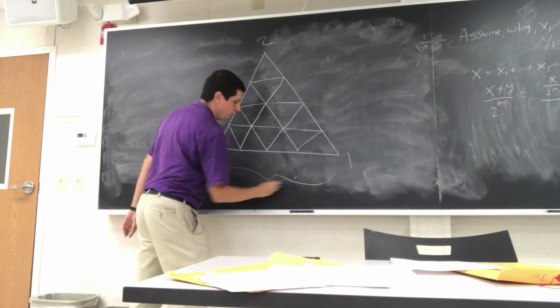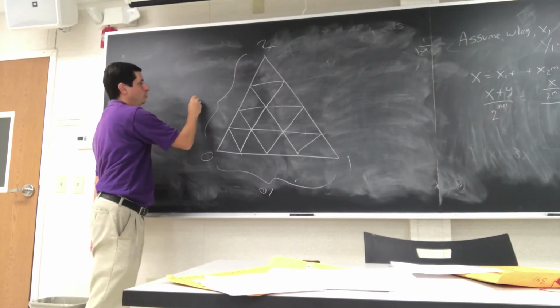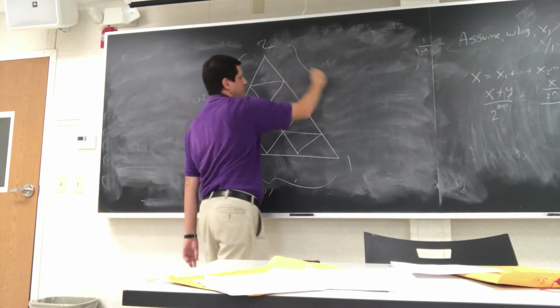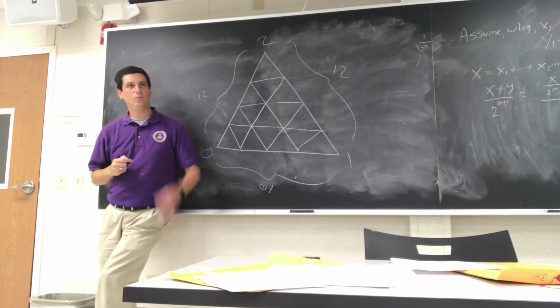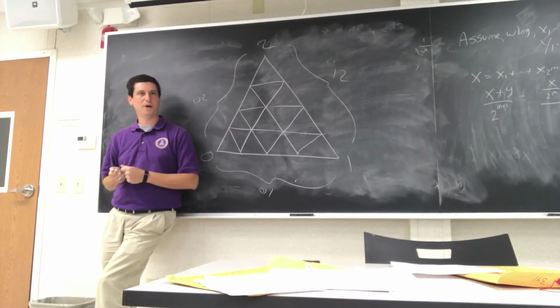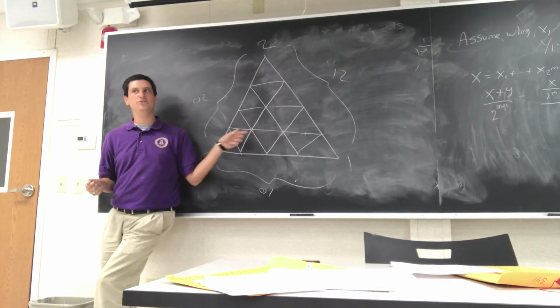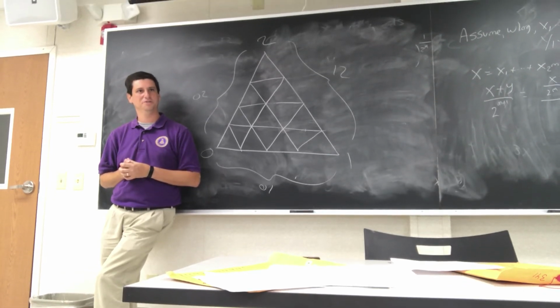On this side, you can only use 0s and 1s. On this side, you can only use 0s and 2s, and on this side, you can only use 1s and 2s. And we're going to take turns, and we're going to put down numbers. My goal is to have at least one internal triangle have all 3 labels. Your goal is to make sure I can't do that. If you can prevent me from doing that, you will get free admission to Williams.